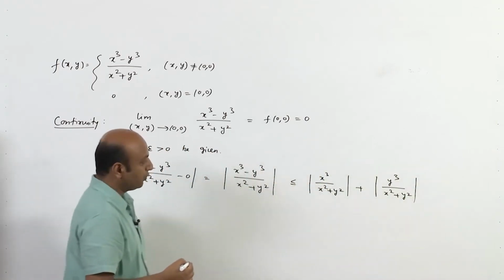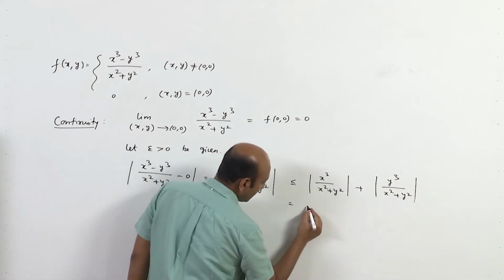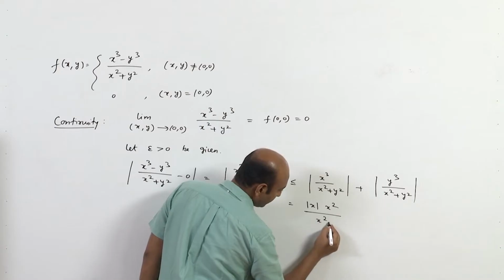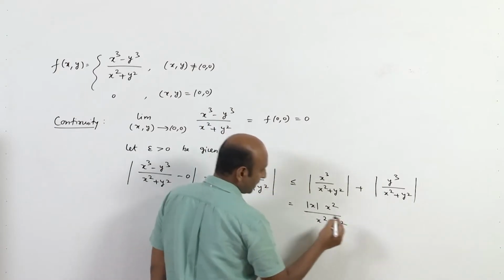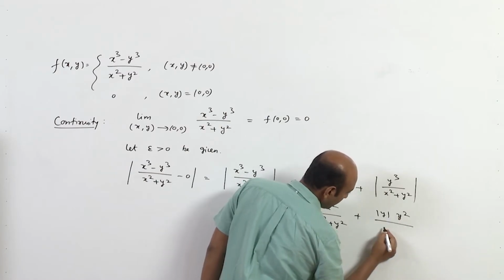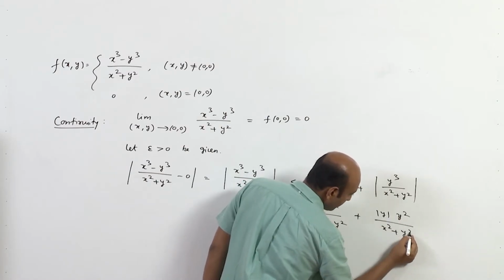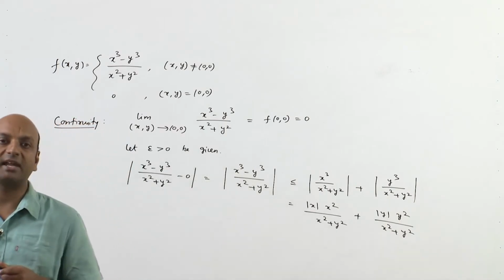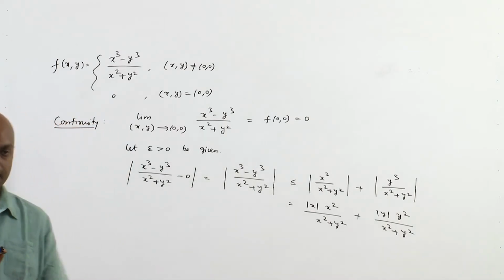This is equal to mod of x into x square upon (x square plus y square) plus mod of y into y square upon (x square plus y square), because x square and y square are non-negative quantities and can be taken out of the modulus.